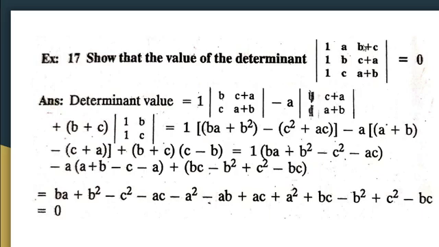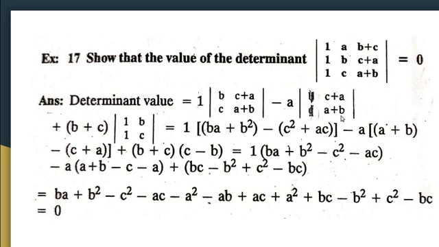Then again consider the third element, b plus c, then strike off the row and column in which that element exists, then take the determinant of the remaining values, 1 b, 1 c. So we will have 1 into, then cross multiply, b into a plus b minus c into c plus a. That will be like this, ba plus b square minus c square plus ac.